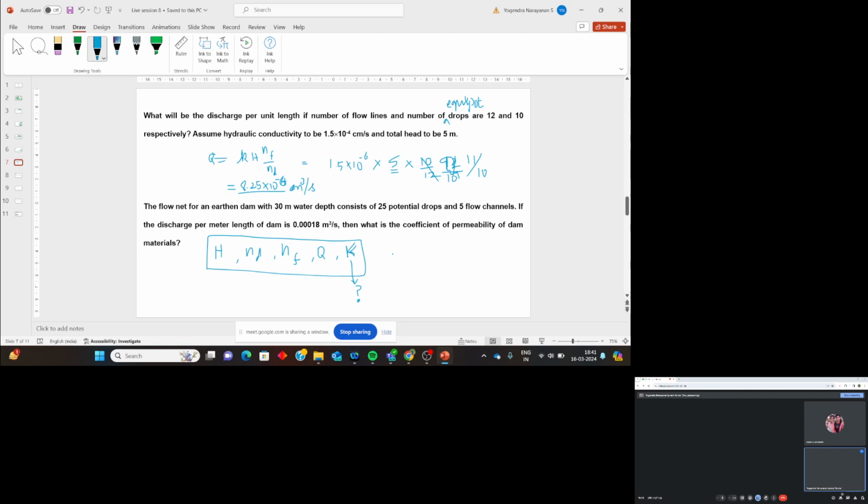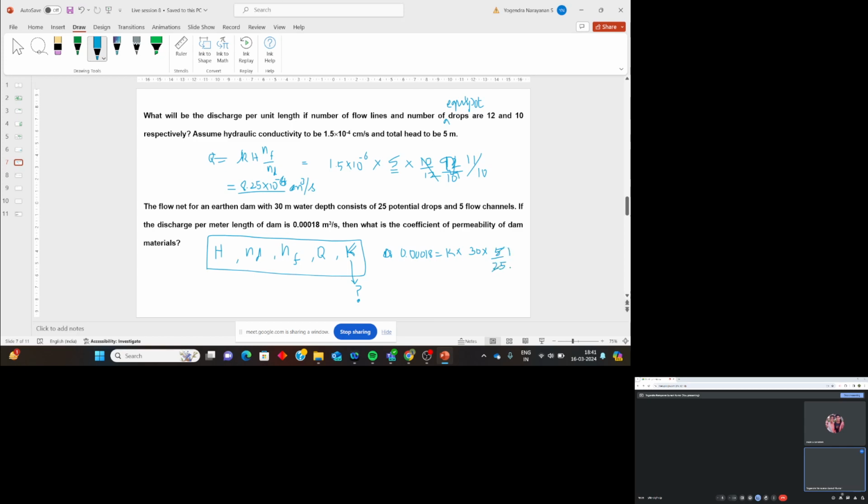3 into 10 to the power of minus 5 meter per second. Q will be 0.00018 equal to K into 30 into 5 by 25.